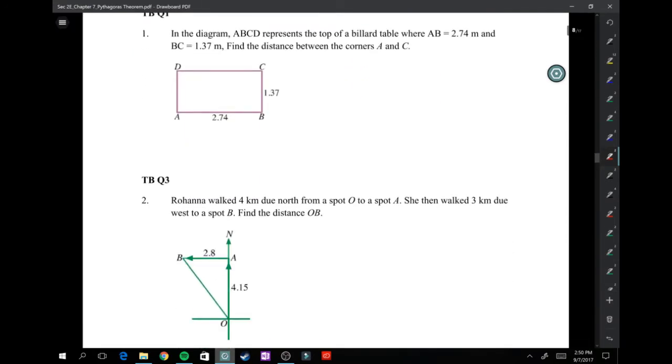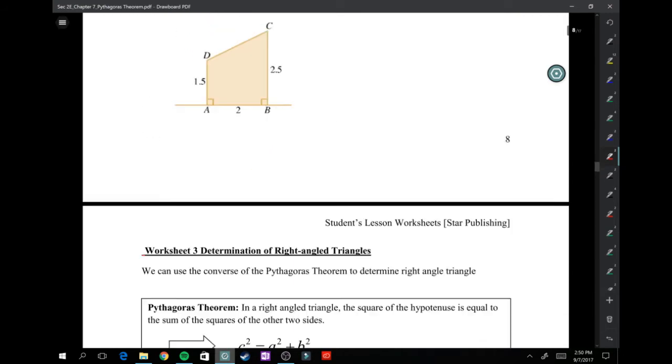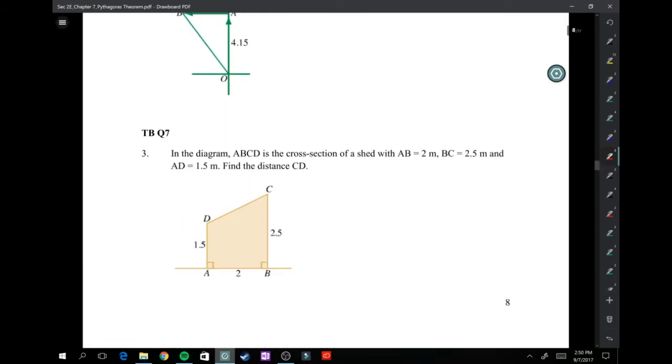Another question would be something like question 3 here. They want you to find the distance CD. If you draw a triangle here, you realize CD is actually the hypotenuse. And of course this is 2. If this is 1.5 and this is 2.5, that means this part here is 1.